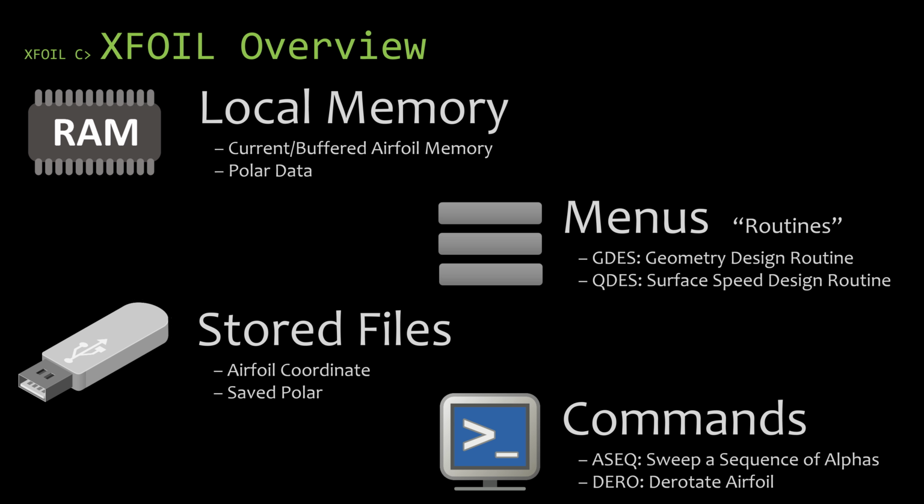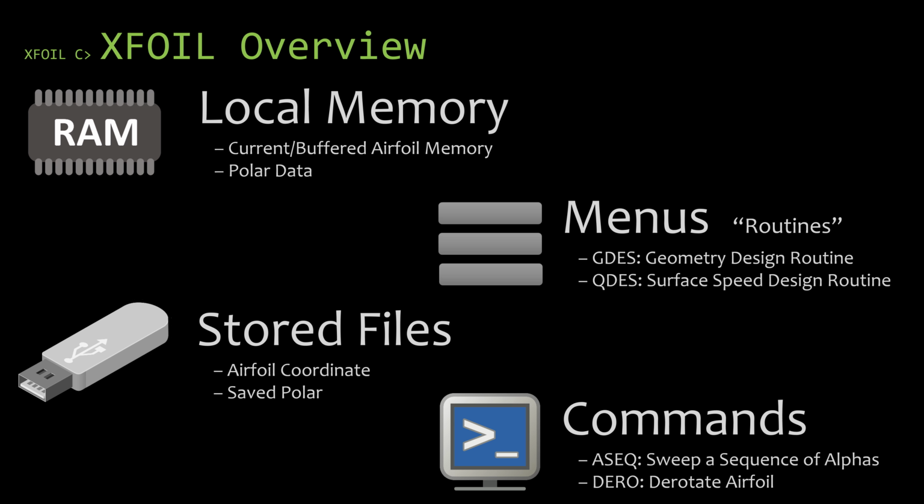There are buffers that hold different data that you can use commands to work on. So you can load data into the local memory and then use commands to either tweak it or do an analysis on it.